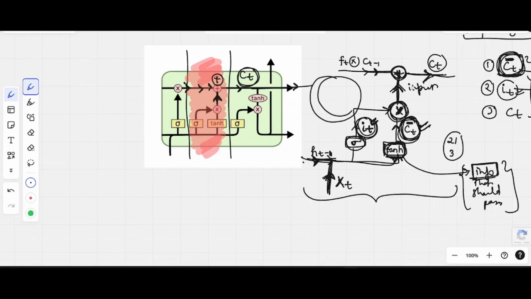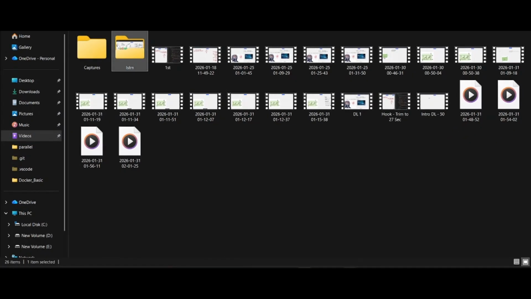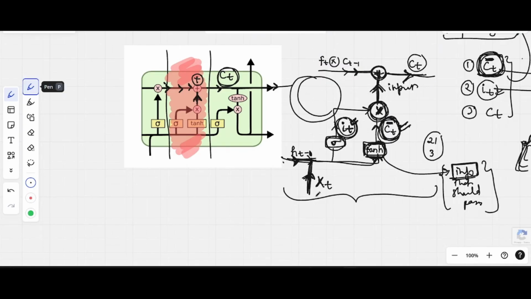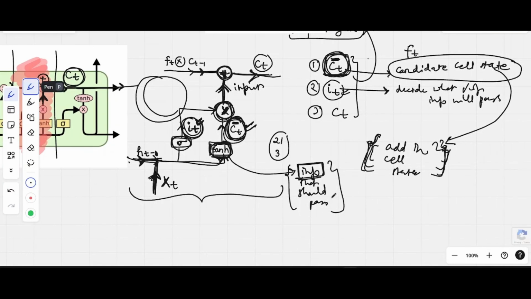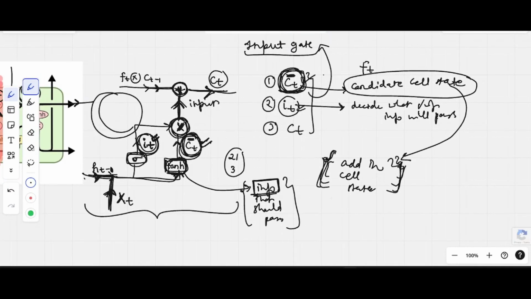Okay, so I think this is clear. You are calculating your candidate cell state, you are deciding what information should pass, and then you are multiplying both of these to actually decide what information from the candidate cell state will be added to the memory cell state, and then you are calculating your final memory cell state. So I hope this is clear why this region is called the input region and why this gate is called the input gate, because we decide here what information we need to put in our memory cell state based on the inputs, that is the current input and the previous hidden state.